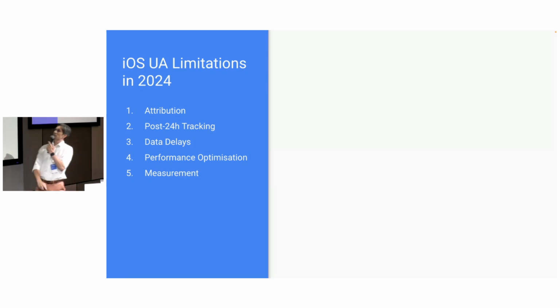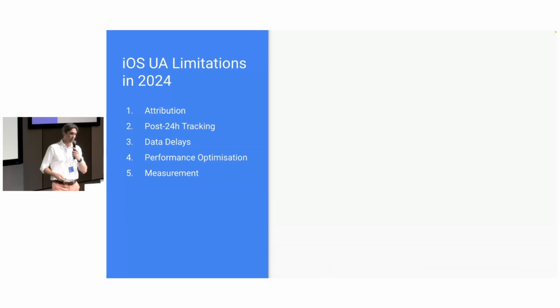Okay, so first, let us complain about the limitations we have to face today working with Google iOS, the general iOS market. Attribution is more of a subjective matter right now, and it's open to interpretation, especially for self-attributed networks.